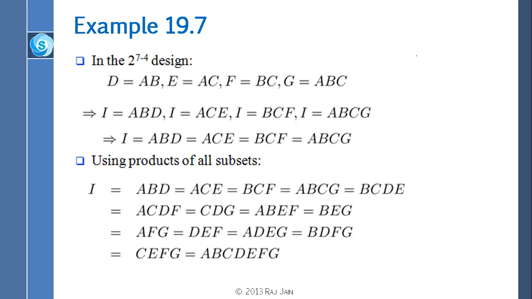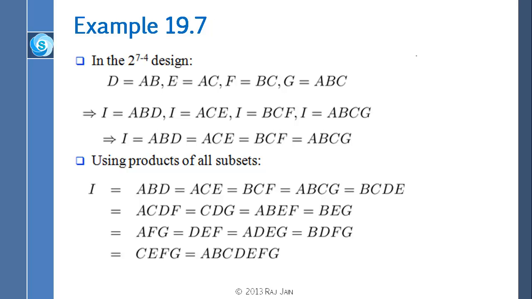D square is equal to ABD, which means I equal to ABD. D square is 1. So we get I equal to ABD, I equal to ACE, I equal to BCF, I equal to ABCG. That means all of these things are confounded together. I includes not only itself, but ABD, ACE, BCF, ABCG. So the third order and the fourth order interactions are confounded with the mean.